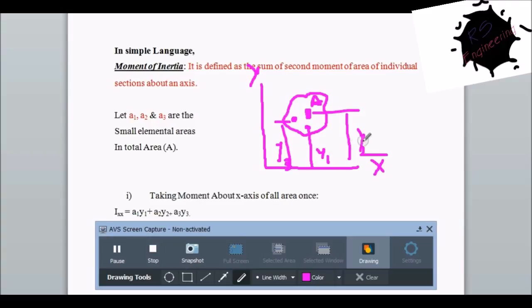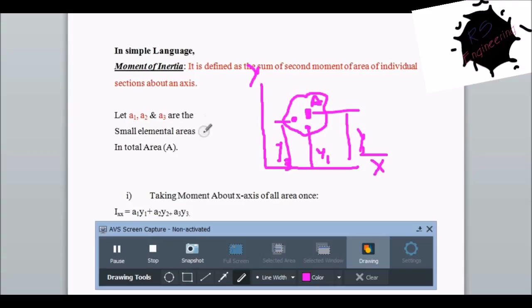Why are we taking y1, y2 and y3? Because these are the distances from the x axis line to these parts of the object. Similarly, the distances from the y axis line to these objects are considered as x1, x2 and x3.